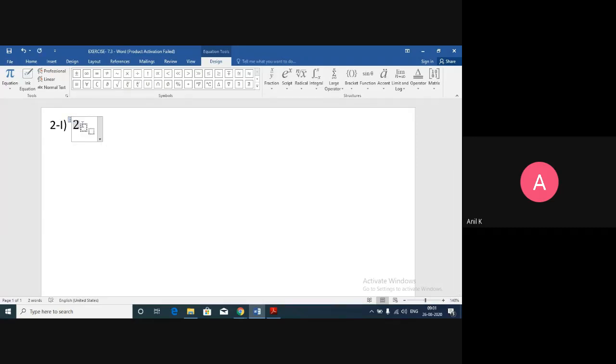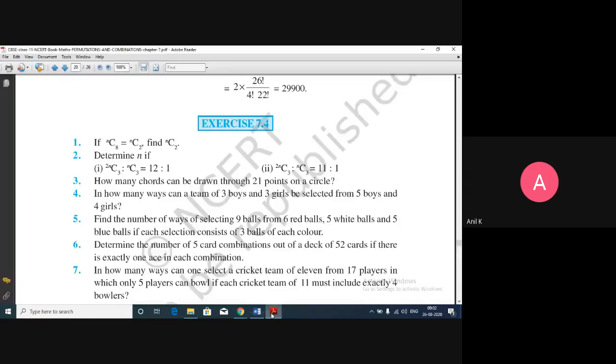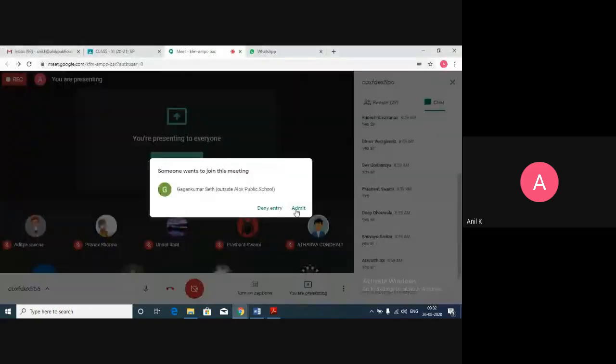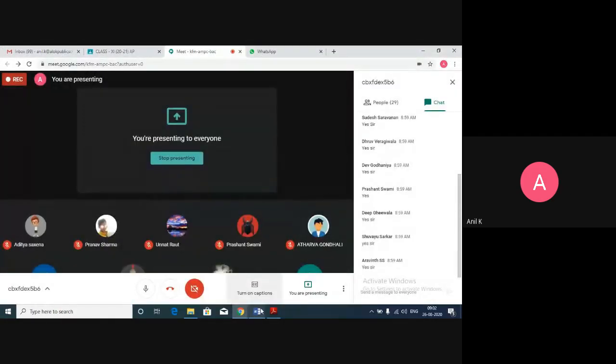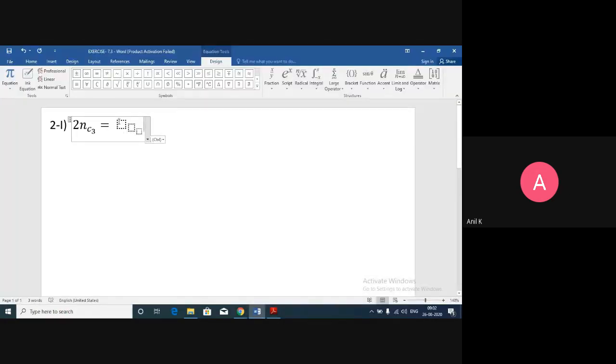This is 2nC3 equals, given 2nC3 upon nC3.